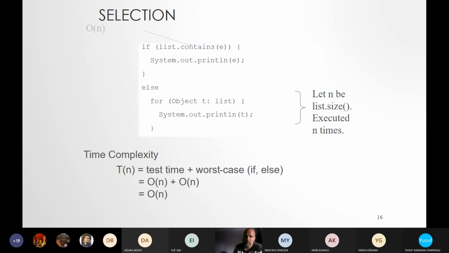So, as an example in this previous slide, I called this system.out.print line a constant time, big O of 1, meaning it does not matter what the size of the list is. The size of the list has no impact at all on how long this line will take to execute.